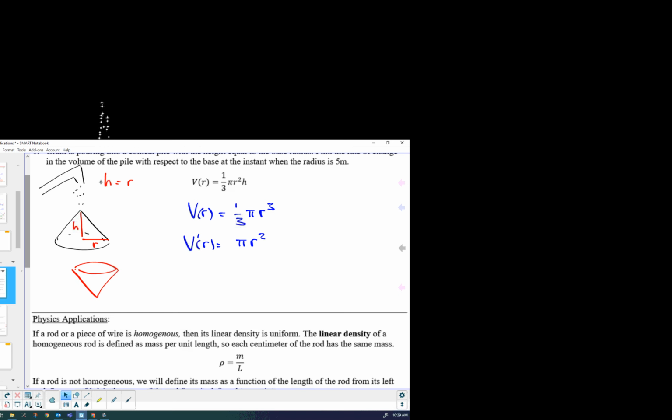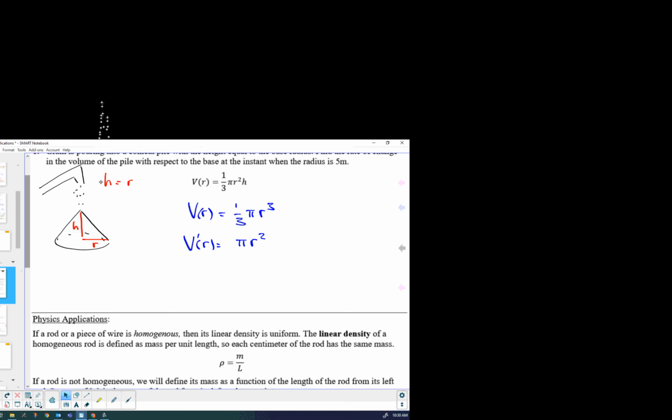So imagine you get such a thin layer on top that essentially the thickness is 0. The volume that's added is equal to the area of the circle at an instant in time. Because at an instant, there's no thickness to it, but it's covering the whole area. And so that's the connection between the rate of change in volume and this area of the circle, which is the base of our cone.